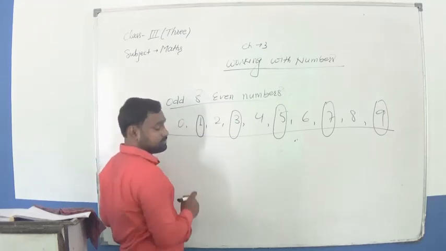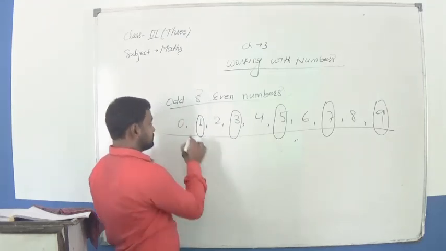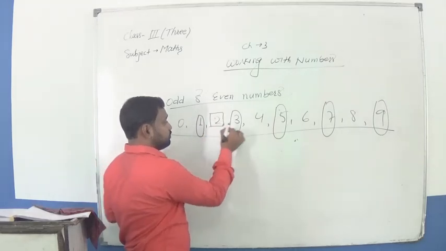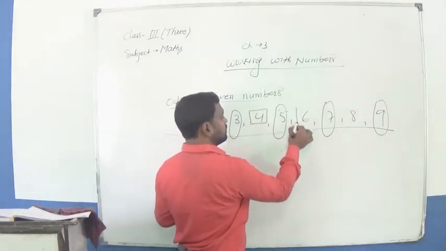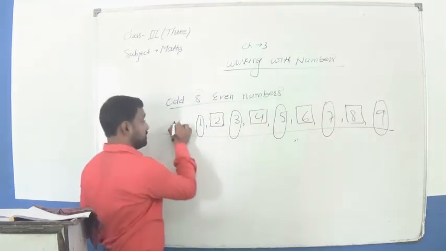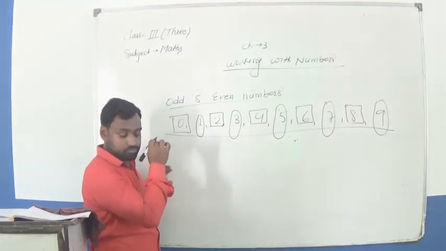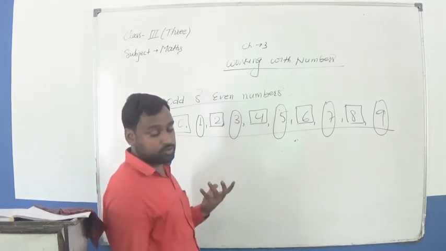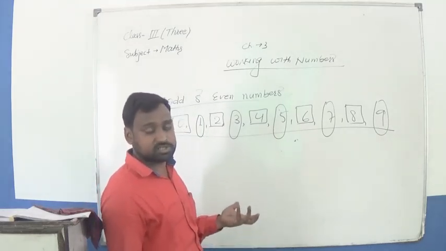Odd numbers. Okay, now see, 2, 4, 6, 8, and include 0 for numbers of two or more digits.